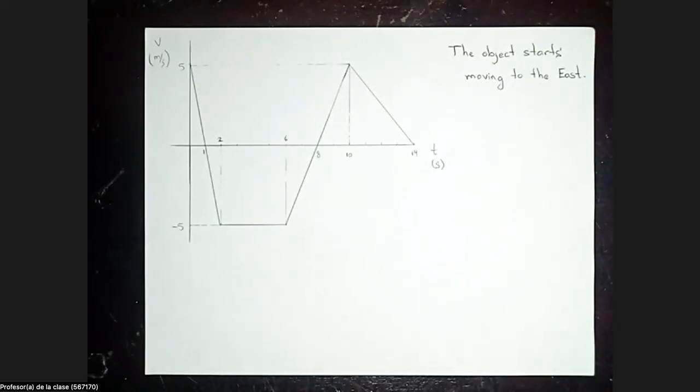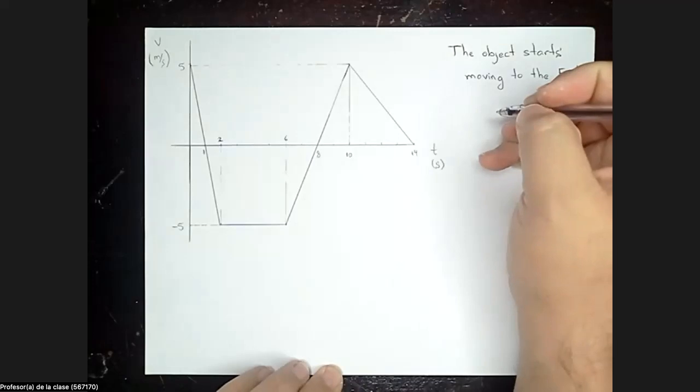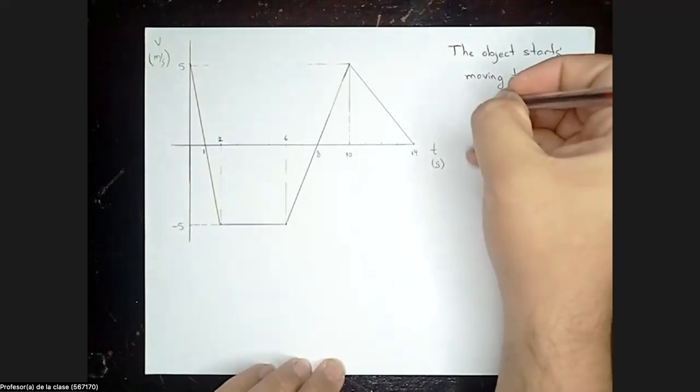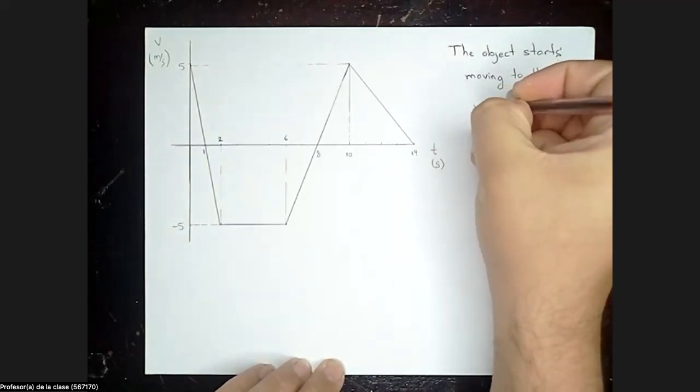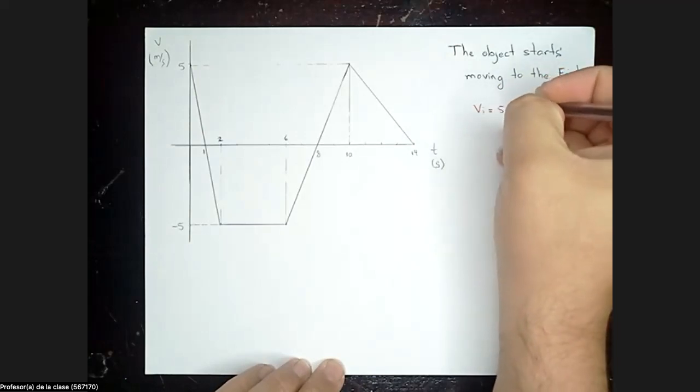The problem says that at the beginning, time equals 0, the initial velocity is 5 meters per second. So the initial velocity is going to be 5 meters per second.